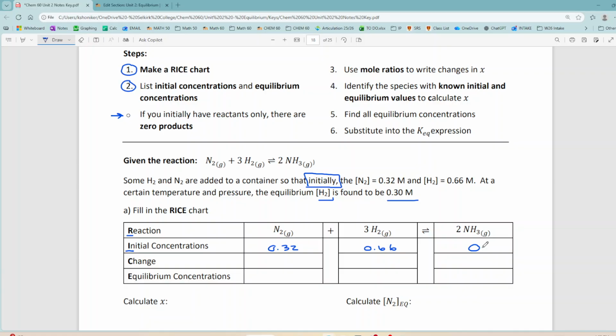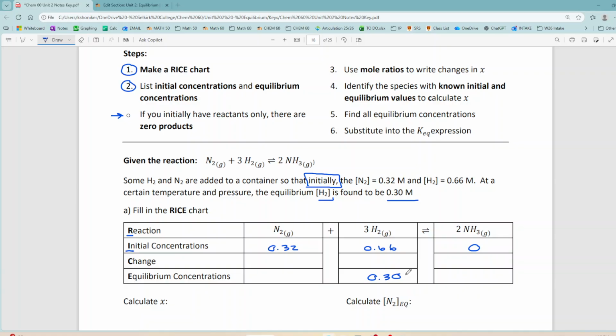So when your initial time is 0, you're going to have a certain amount of reactants and no products. Or maybe you start with product and then you'd have no reactant. Then they will also give you one species, maybe 2, concentrations at equilibrium. So they've told me at equilibrium, the concentration of hydrogen is 0.30. Okay, so that's steps 1 and 2.